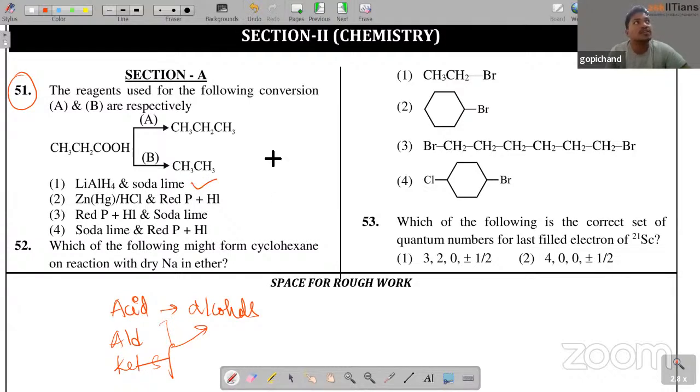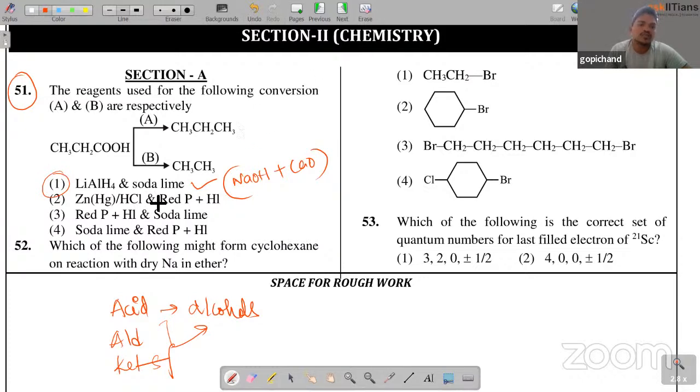Soda lime is basically NaOH in the presence of calcium oxide. So this will help in decarboxylation, but LiAlH4 will not give you the alkane, it will give you the alcohol.